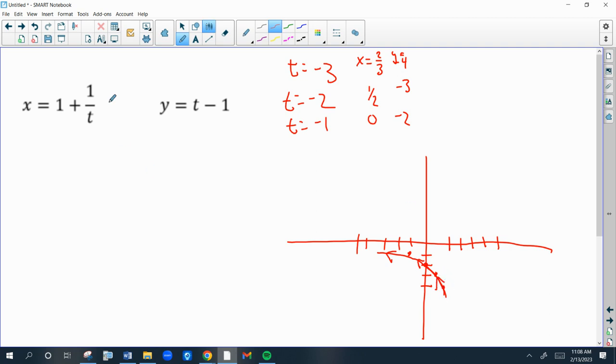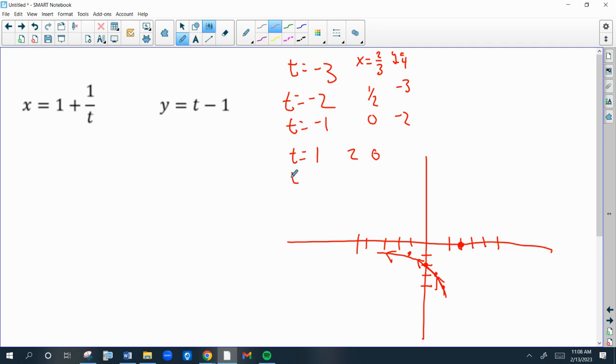Now, I know t equals 0 was an issue. So I'm going to jump past that and see what happens at t equals 1. When t equals 1, x would be 1 plus 1, which is 2, and y would be 0. So 2 comma 0. Is that part of the graph?